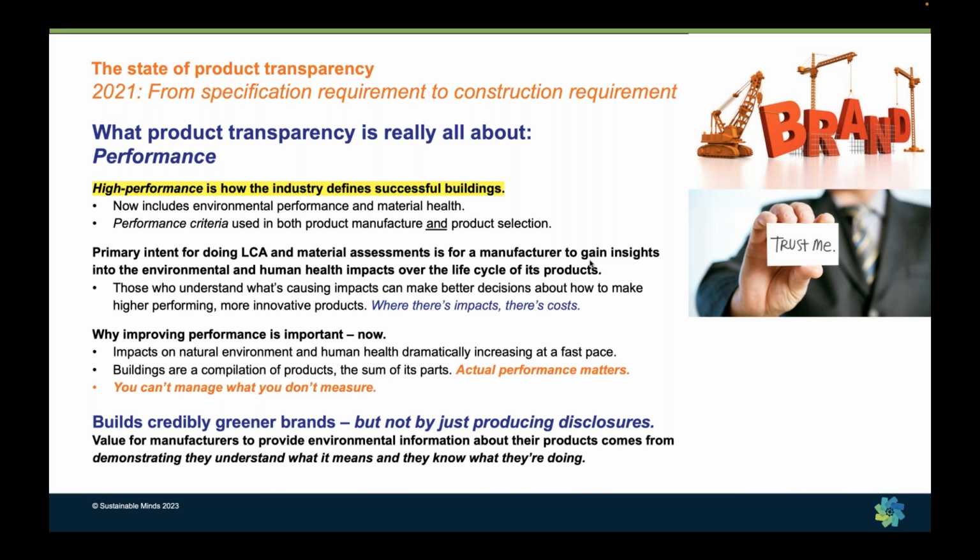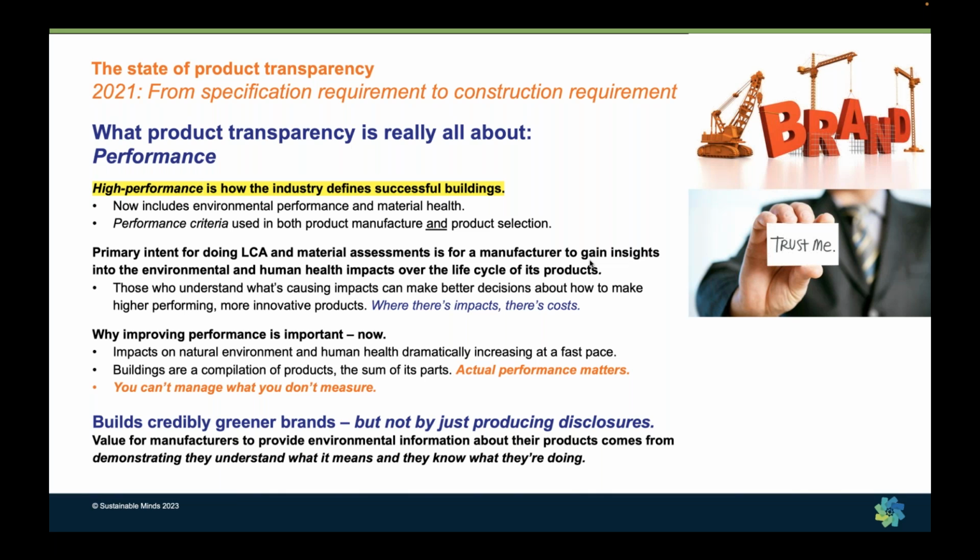And really, we've seen it go from this idea to becoming a specification, and now in some instances, a construction requirement, particularly now in public procurement programs that we're seeing at the state level and now the federal government level.